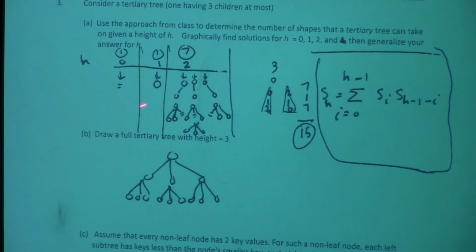So this is all the ways we can have 1 child. This is all the ways we can have 2 children. And this is all the ways that we can have 3 children. And that's a total sum of 1, 2, 3, 4, 5, 6, 7. So the goal was to basically, if you can draw this graphically, to come up with the first 3 numbers, which is going to be 1, 1, and 7.